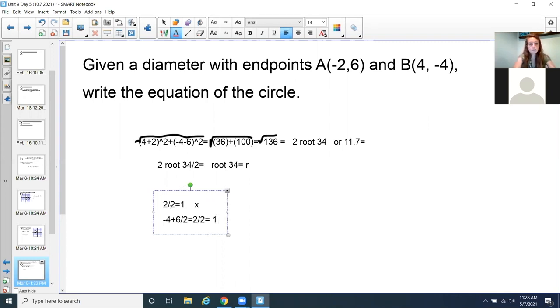So we know our center is 1, 1. I just used the midpoint formula on these 2 points in order to find the center.